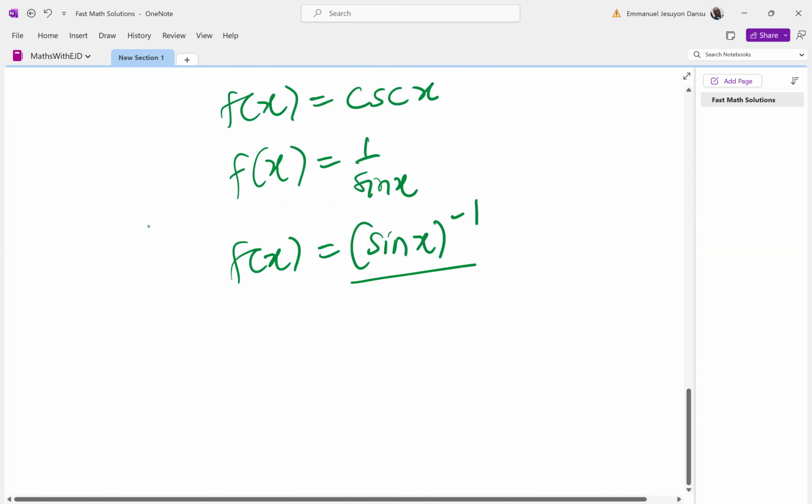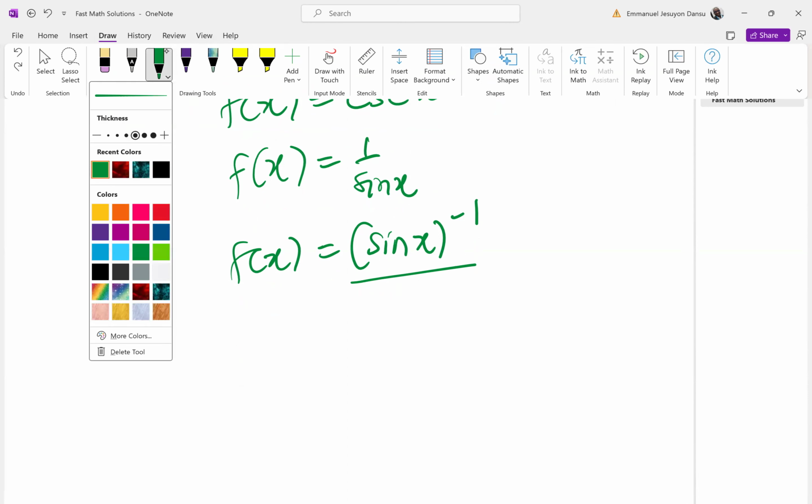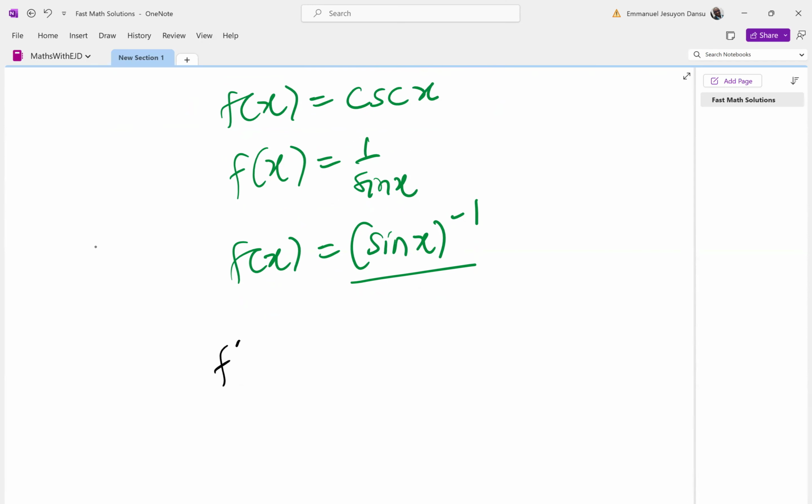So to get f prime of x, you bring down the power, which is minus 1, times differentiate what is in the bracket.